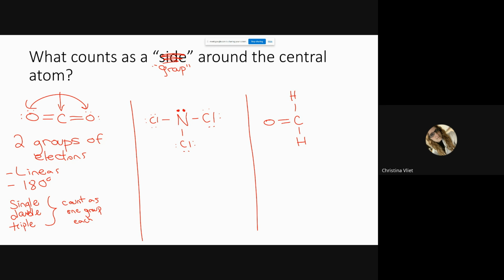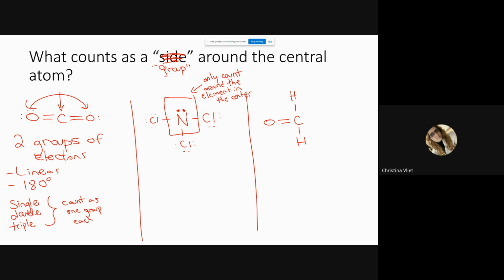NCl3 is our second example. Taking a look at NCl3. How many groups of electrons are around the nitrogen? Because the shape is from just around the center element. So you only count around the element in the center, or what we call the central element.